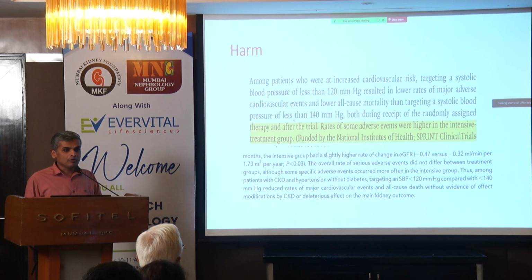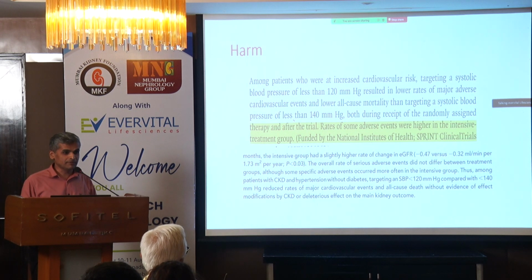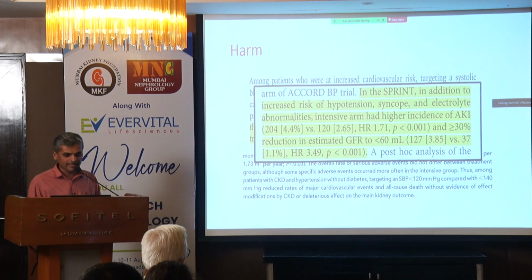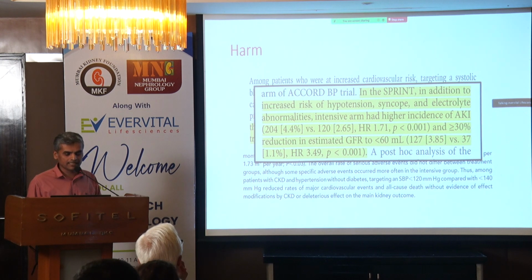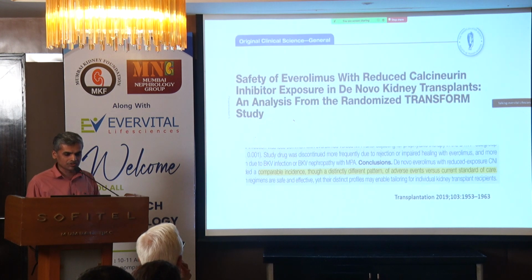Now this is the NEJM original SPRINT trial, where in the conclusion you see the mention of harm: the rate of some adverse events was higher in the intensive treatment group. But in the CJASN article, which is SPRINT CKD, there is no such prominent mention of the harm, when in fact there was increased incidence of various side effects attributable to the intensive blood pressure lowering.